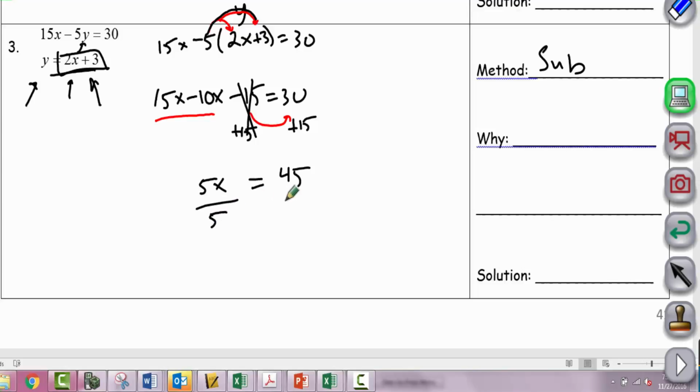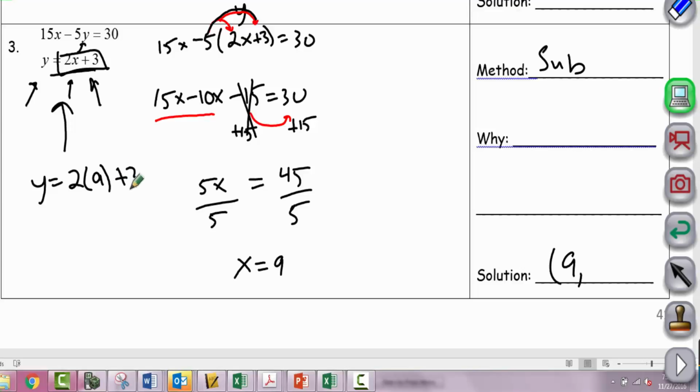Divide by 5, divide by 5, get x equal to 9. Now, when we do the solution, we still need to find our y, but that's this box thing right here. I've got y equals. So y equals 2 times 9, because that's what x is, plus 3. So y equals 18 plus 3, or 21.